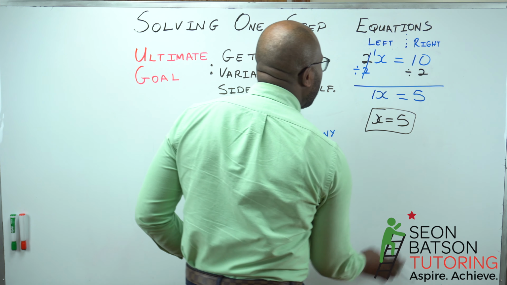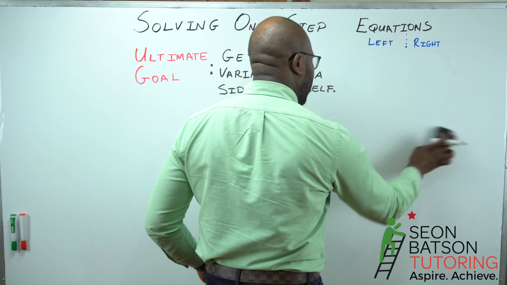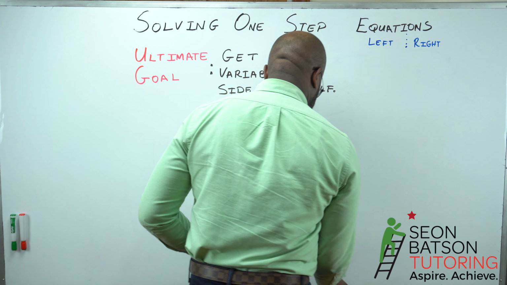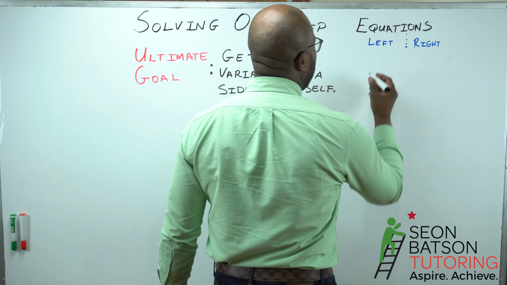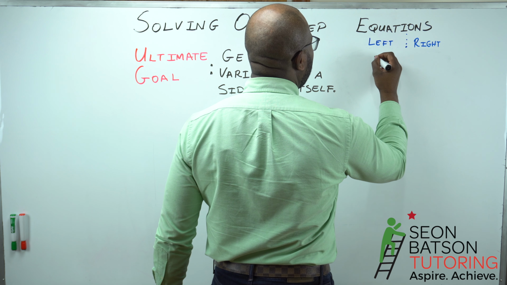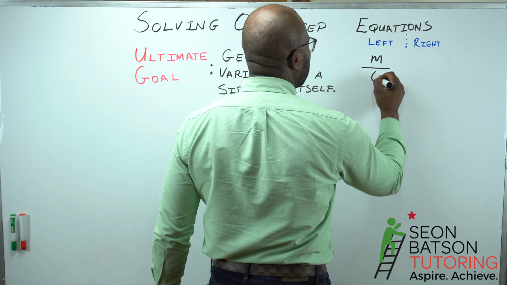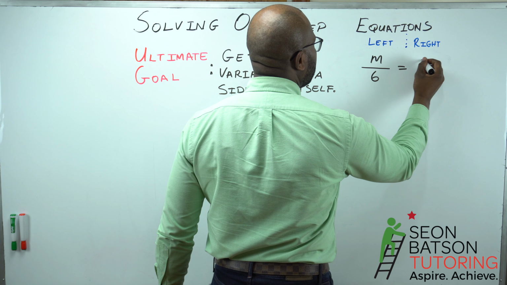Lovely. Lovely. Now, let's try one more, and then you will get a chance to try one. Let's say I have m over 6 is equal to 5.